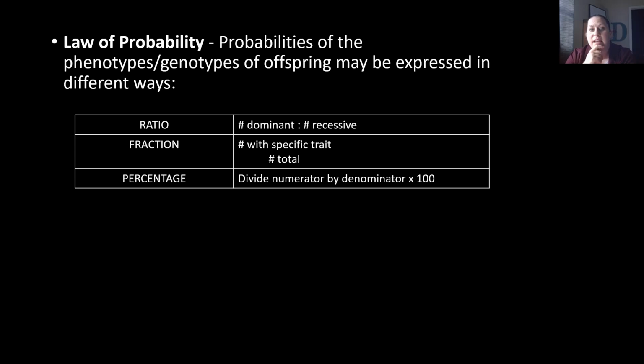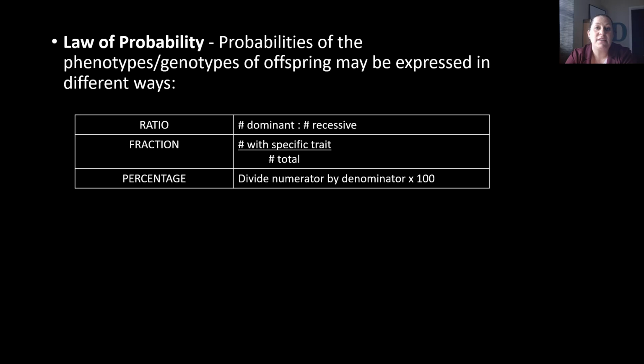All right, so let's look at the idea of the law of probability. Probabilities of the phenotypes and genotypes of offspring may be expressed in different ways. We can do a ratio, dominant, recessive. So in the case of our last example, we had 3 dominant to 1 recessive, so you could do 3:1. You could also do a fraction.